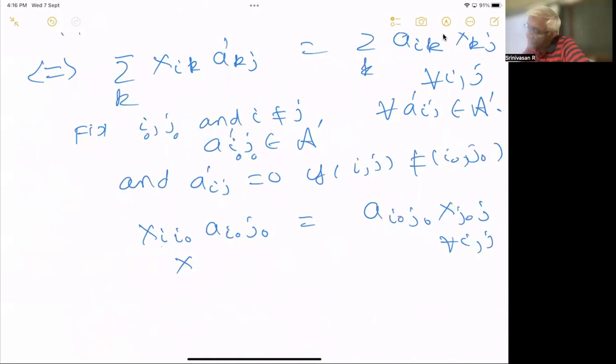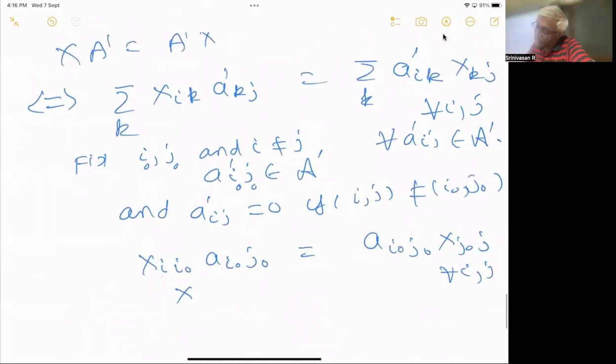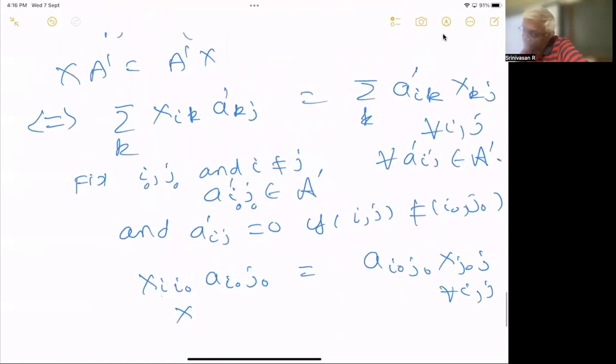But how does it become i0? No, wait. I just substituted i0 j0 here, right? So no, it cannot be for any j0. This is not for all i, j. I have taken a particular j.